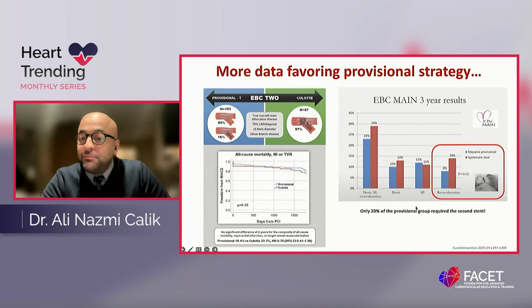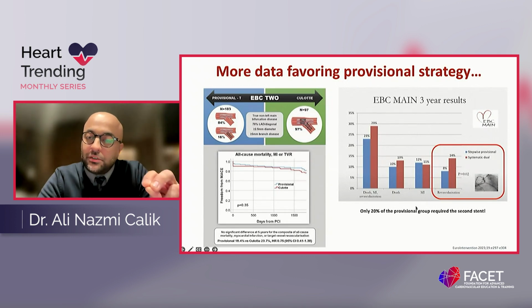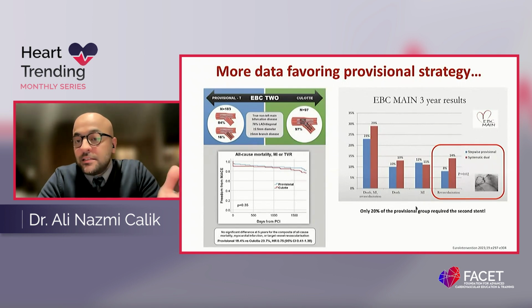And it is really important that in the provisional group, only one fifth of these patients needed a second stent. This is really important.